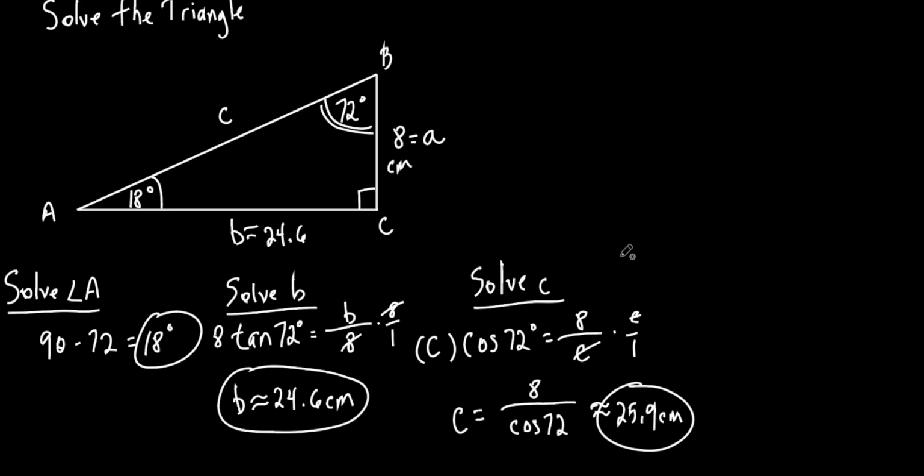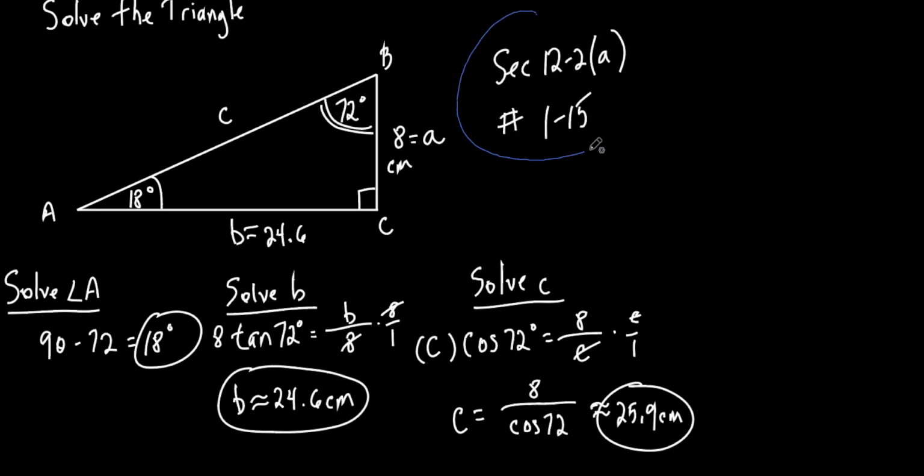So I'll teach B tomorrow. All right, so it's 1 to 15. All right, so it's section, what is it, 12-2 A, and then we're doing 1 to 15. There it is, right there. All right, enjoy it.